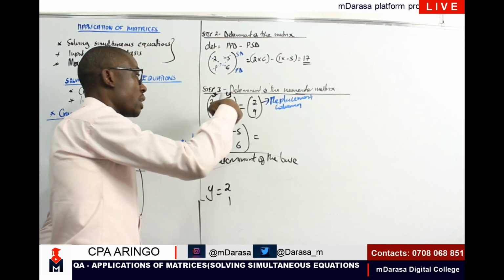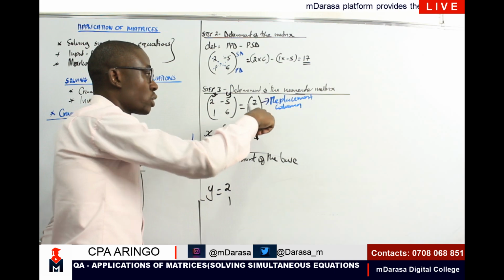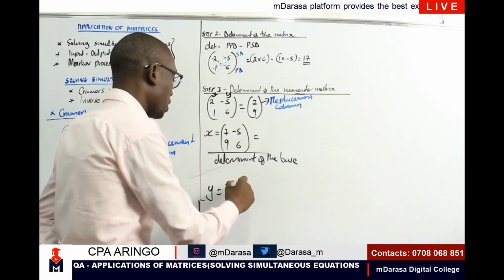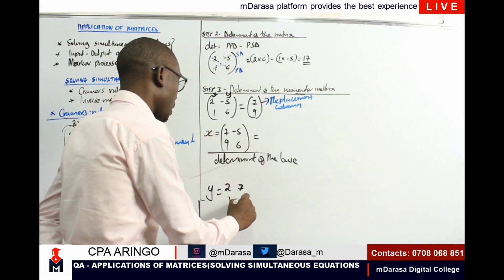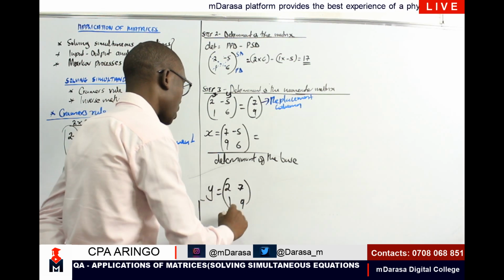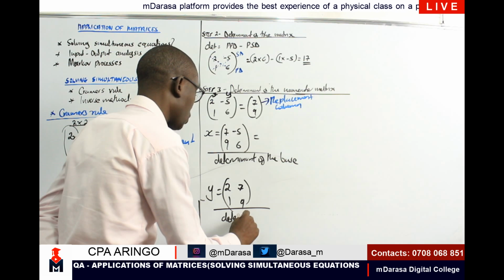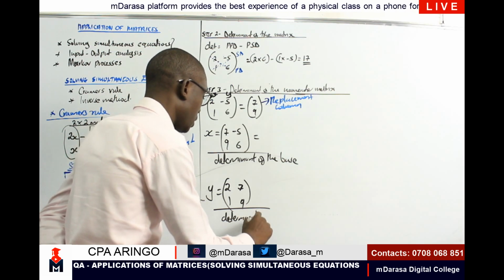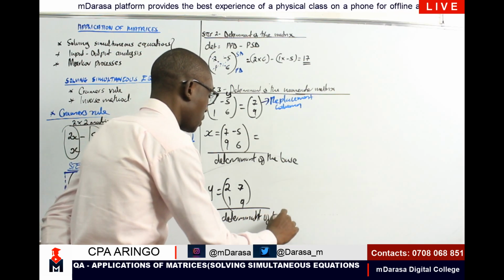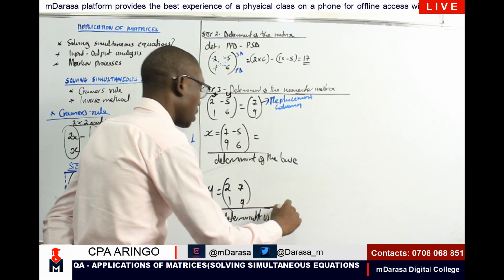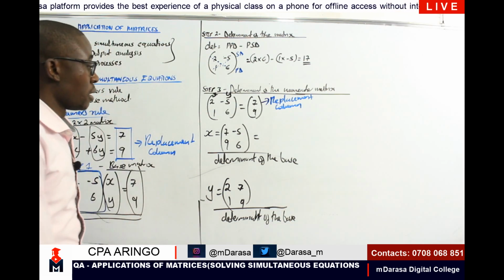We're going to replace our y with our replacement column, which in this case is 7 and 9. Then we determine that one and divide it by the determinant of the base matrix.